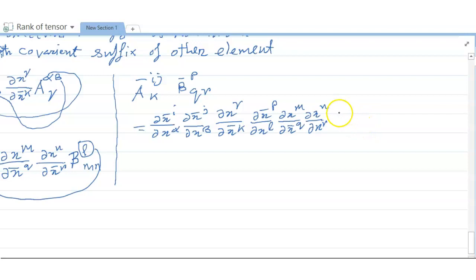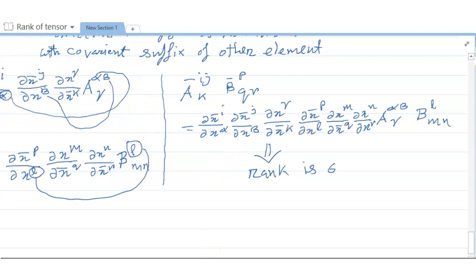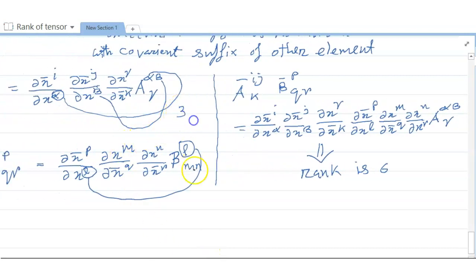So I can write here a alpha beta gamma and b l m n. So friends, whatever you see, this rank is 6, and this is 3 and this is 3. So no rank of tensor is reduced.